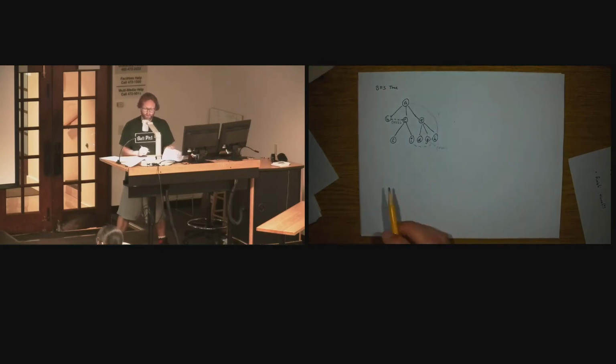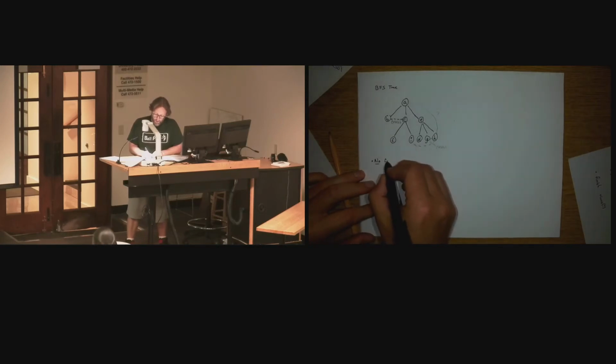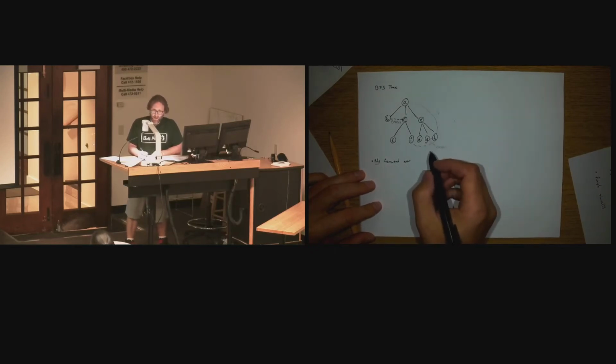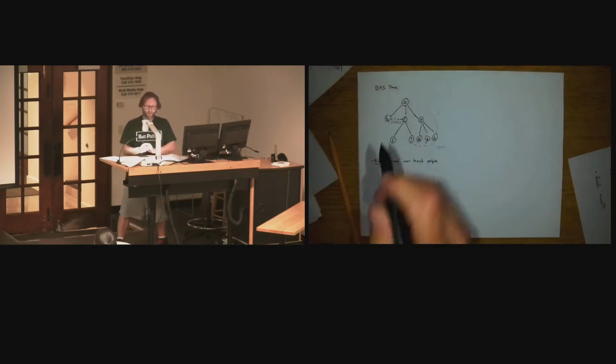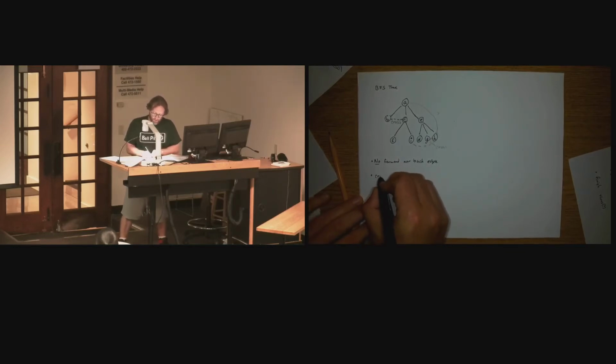Right? So, one takeaway from this is that in BFS trees there are no forward edges, nor, since it's undirected, forward edges and back edges are the same thing, nor back edges. Otherwise, you would have discovered them already, and you'd have an even shallower tree in some regard. Okay? But you can have cross edges.